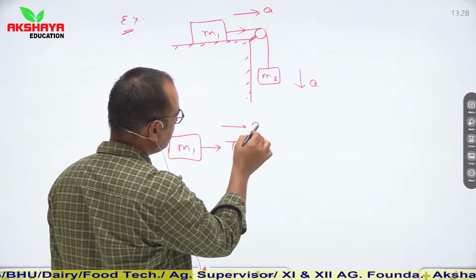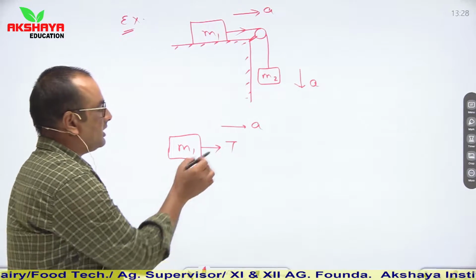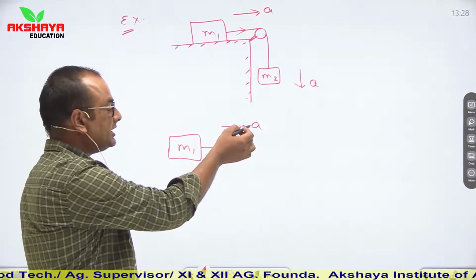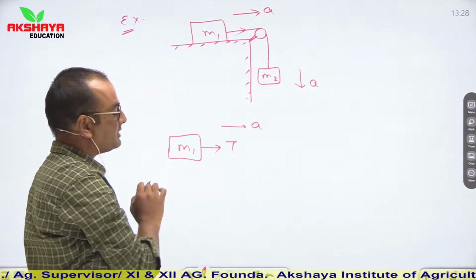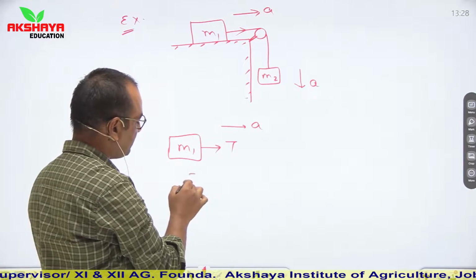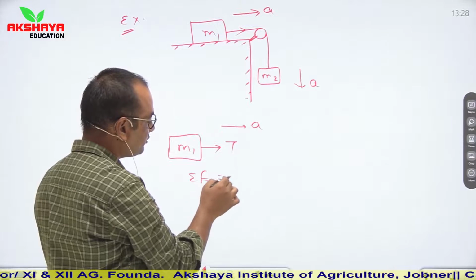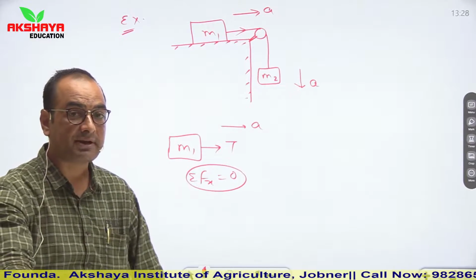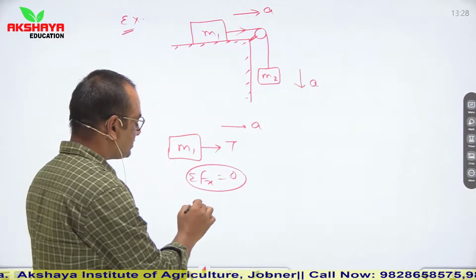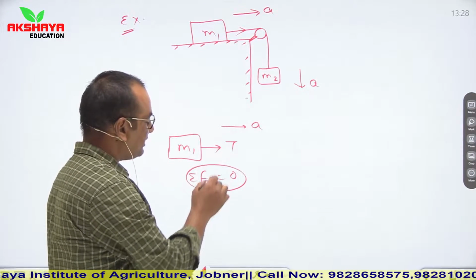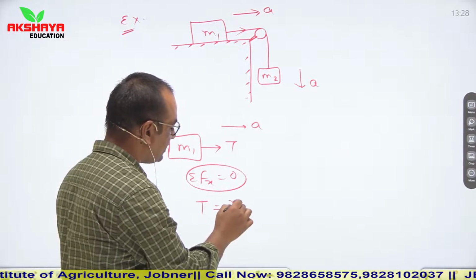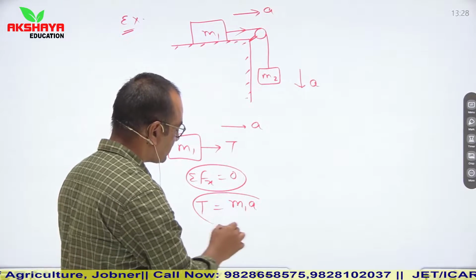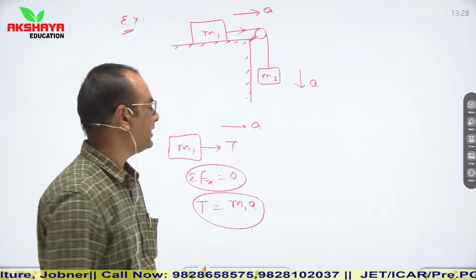So this is the direction of acceleration. So force due to acceleration is balanced by tension. So here summation Fx is equal to 0. In balancing condition, what are we going to use? Summation Fx is equal to 0. It means T minus M1A is equal to 0, or you can say T is equal to M1A.